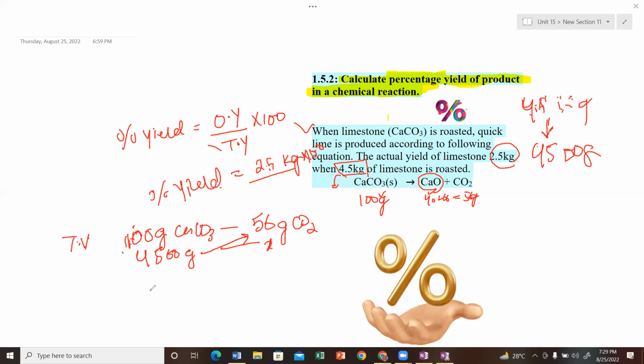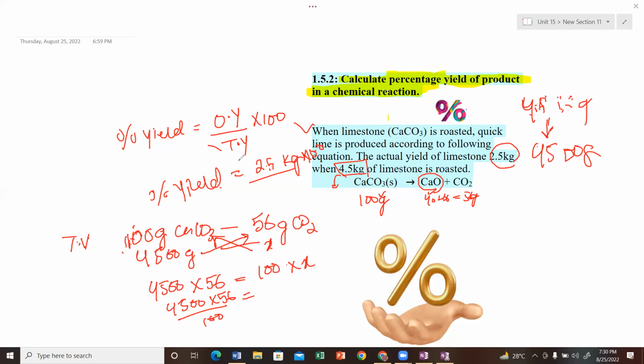I would multiply 4500 with 56 and I would multiply X with 100. So it would be a single line equation, 100 into X. Now to find out X, we do simple rearrangement. It is 4500 into 56 divided by 100, right? Whatever your answer is over here, it is our theoretical yield.